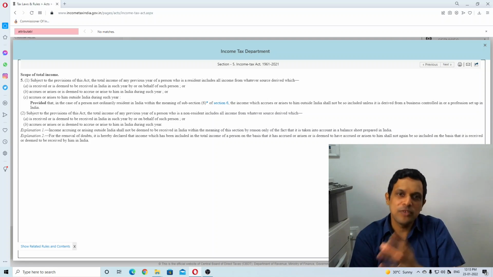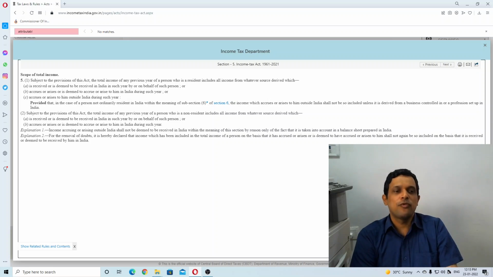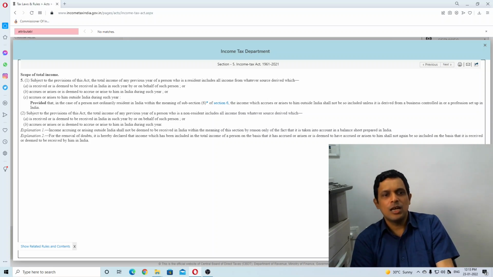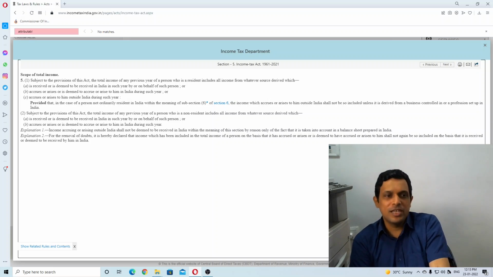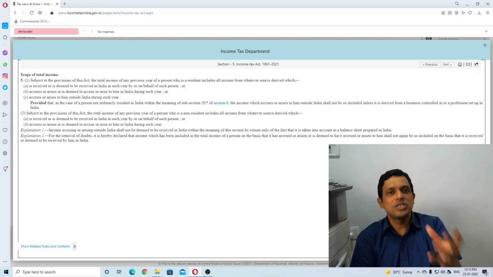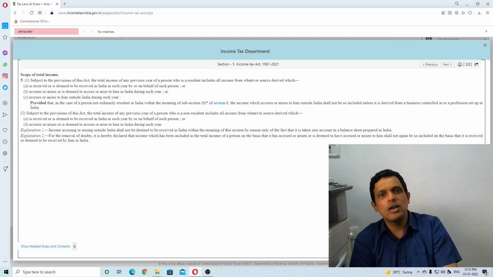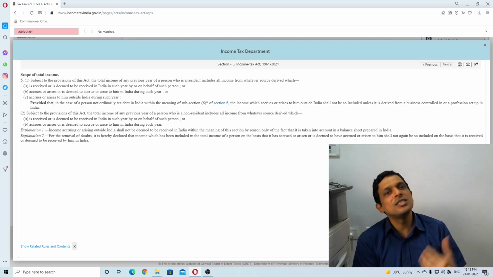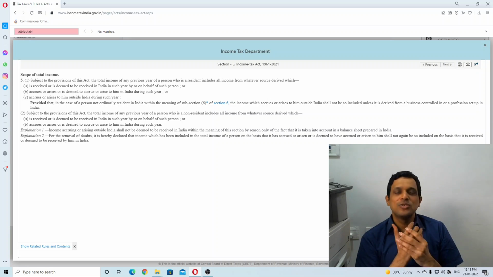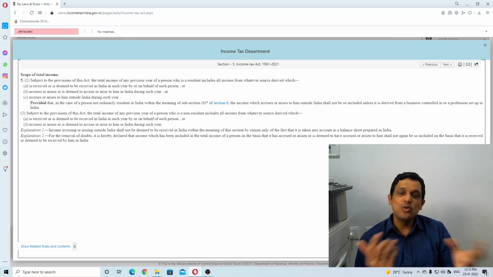That kind of income of the non-resident, if it satisfies these criteria of received or deemed to be received in India, accrues or arises or deemed to accrue or arise in India, such income shall be taxable in India of that non-resident. So the non-resident's income now becomes taxed in India, and he is no longer excluded from the taxation of the Indian regime.